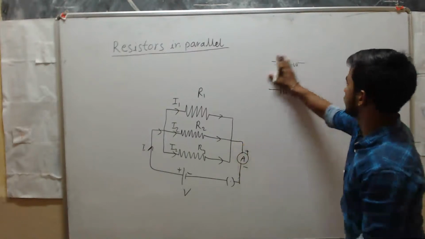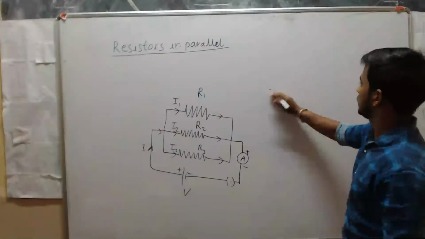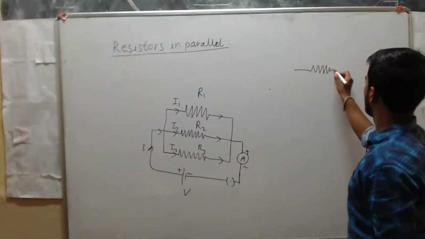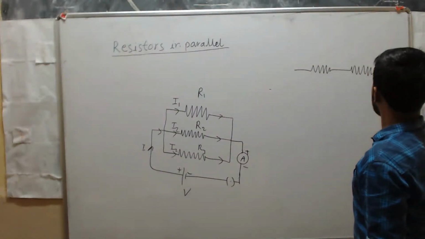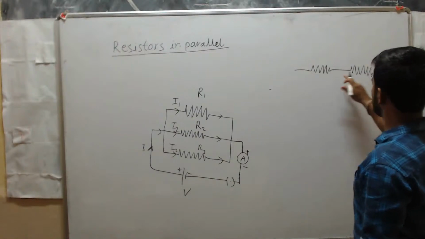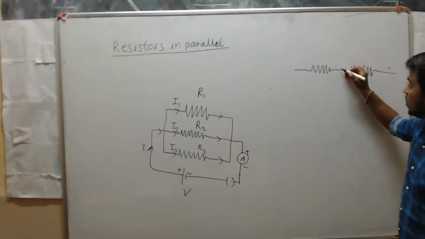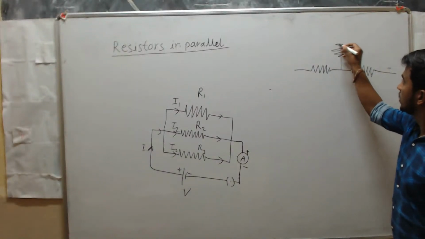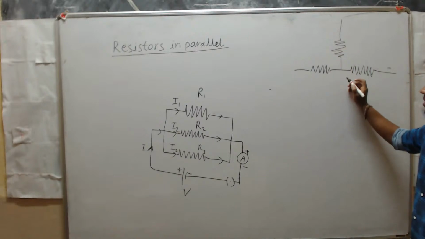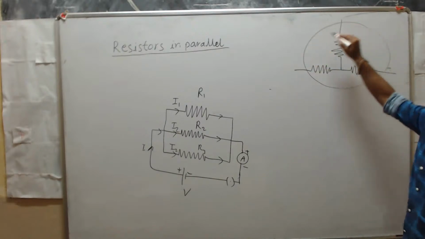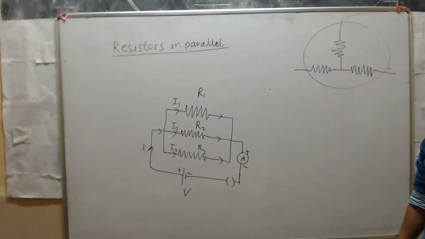Correct? Which means, if you join like this, we can say that these two resistors are in series, because just two ends are connected. If you add one more end like this, then we can say that these resistors are in parallel.